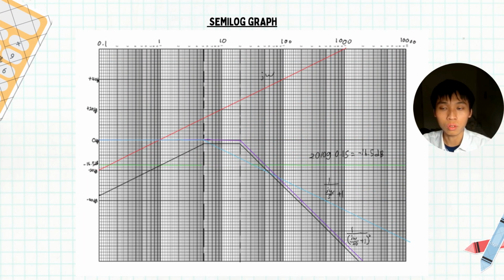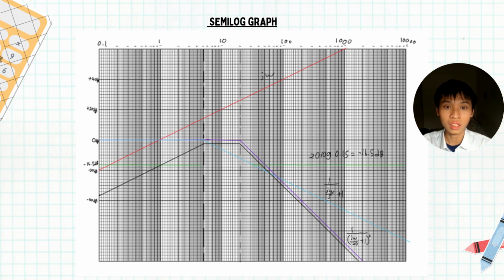Now I want to explain the magnitude plot. First, we can see the green horizontal line here. For our constant gain K in the calculator, we directly insert 20 log 0.15, which equals negative 16.5 dB. So we draw a flat line at negative 16.5 dB across the entire graph. Next is the zero at the origin, represented by the slanted line.